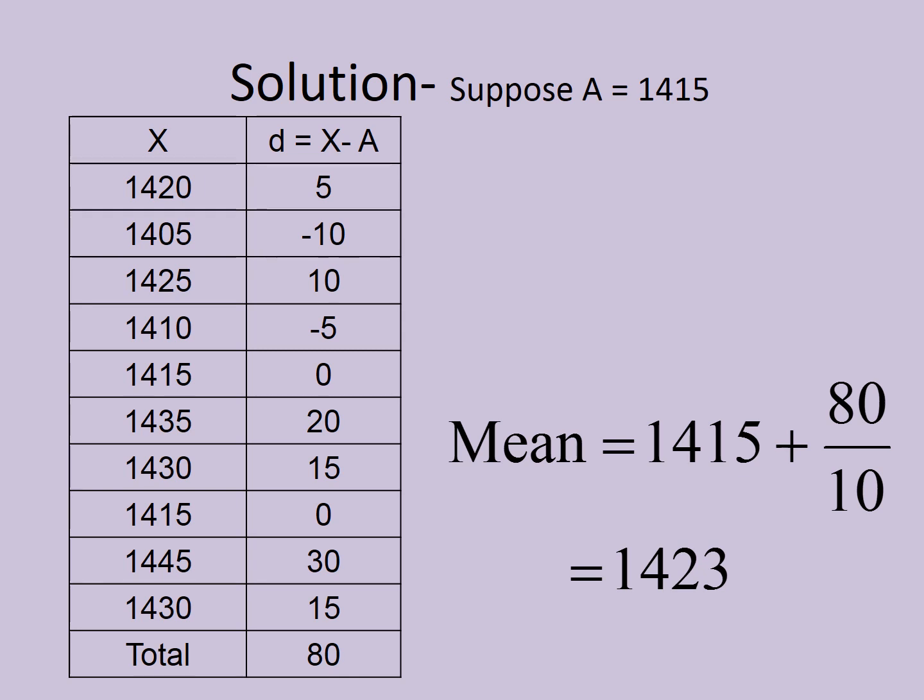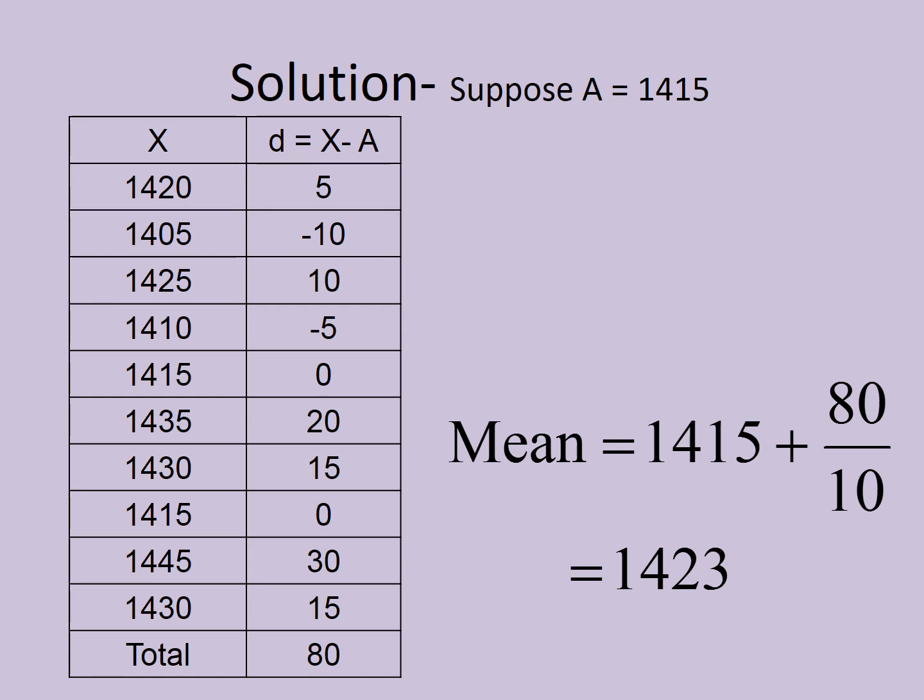There are 10 observations of the weight of a liver that you write in the first column, and after that you assume one value, that is one weight of a liver, that is 1415 grams. Now you have to calculate the difference of each value of weight of a liver from this assumed value. For example, the first value is 1420. So 1420 minus the assumed value 1415 gives you the answer of 5.